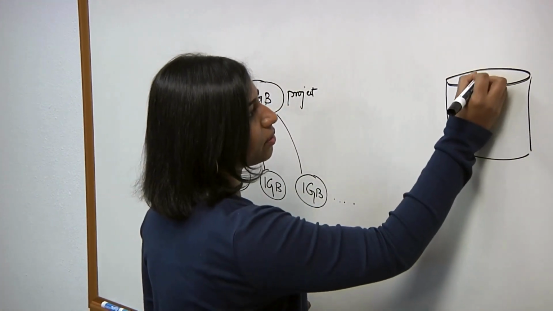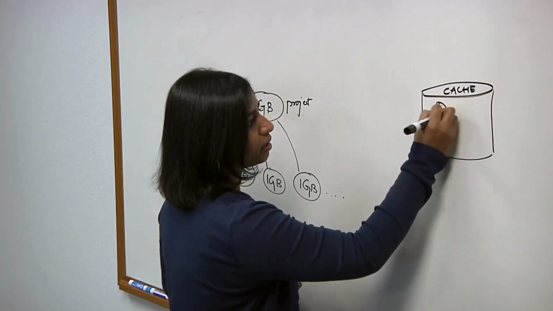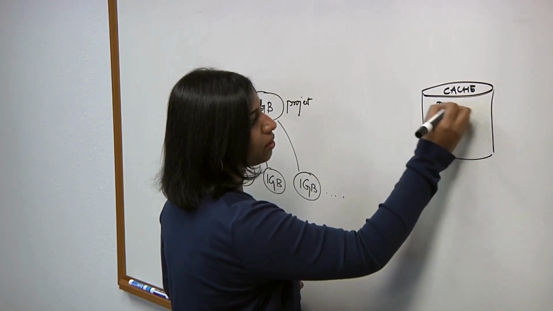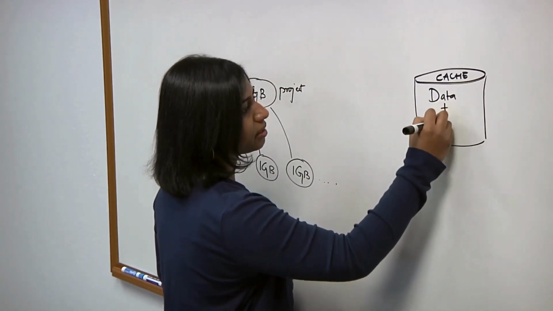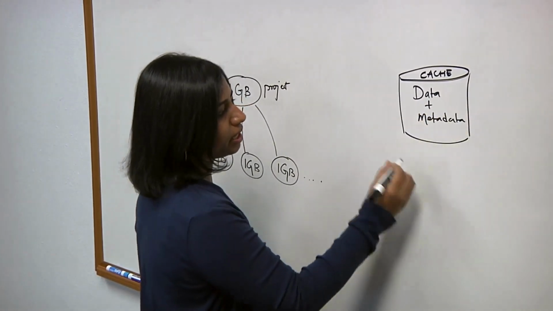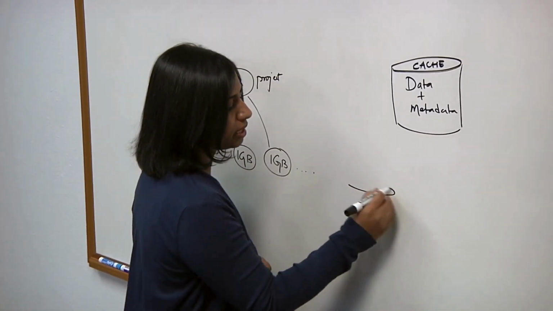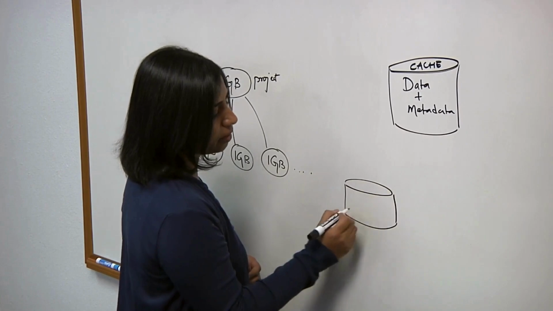So this is your cache, and this is basically going to store all the cached data and metadata information. And now, for example, I was talking earlier about work areas, and so let's say you have a user work area.